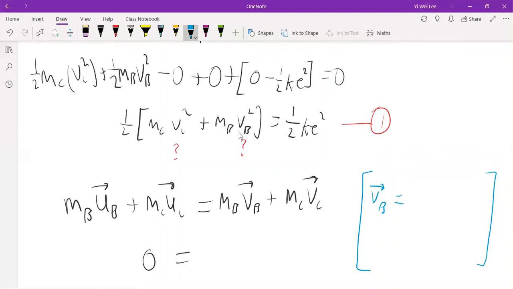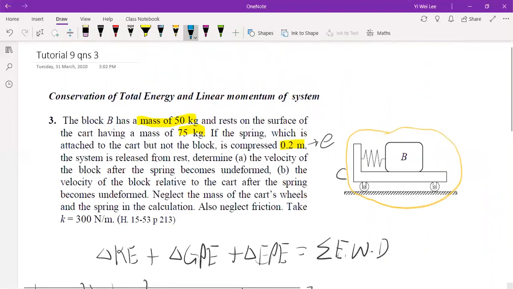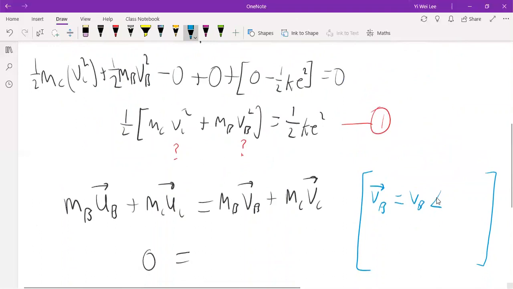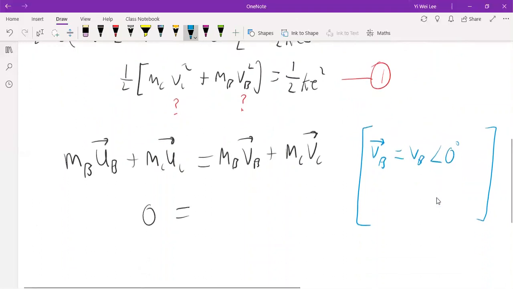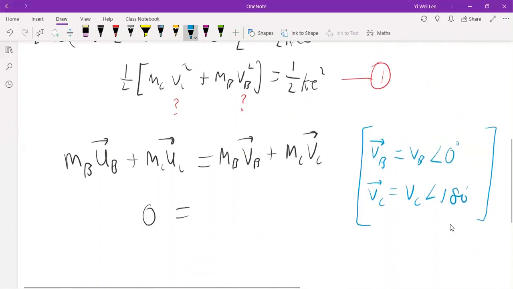Now, assuming that when this is released B will move to the right, just assume that the VB direction is 0 degrees. Don't be so worried about placing the numbers, because it will eventually arrange itself. And VC is the velocity of the car, which we can also put in simplified form, because we assume that when we release this thing, B goes to one side, C goes to the other side. Now, here's an interesting part.